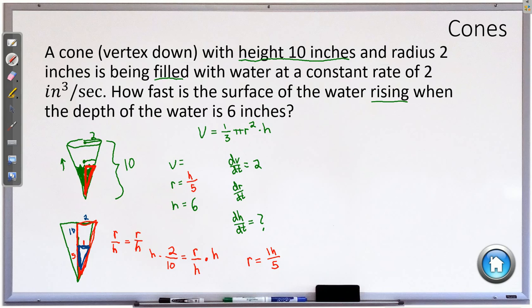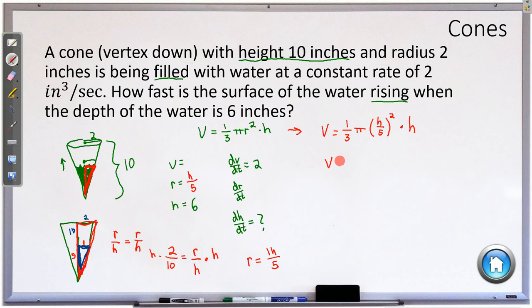Now that is going to make our jobs a whole lot easier, because now volume is equal to 1/3 pi, our radius is h over 5 squared times h.